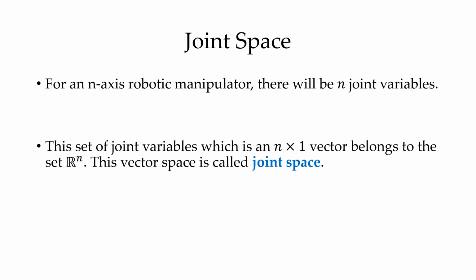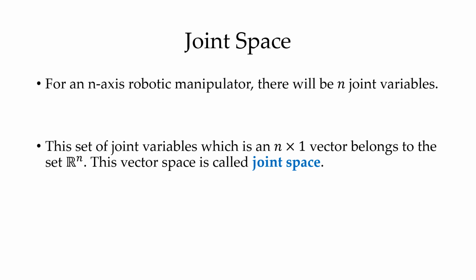So joint space means the vector which represents the joint variables belongs to that particular vector space, and the size of that is an n by 1 vector.